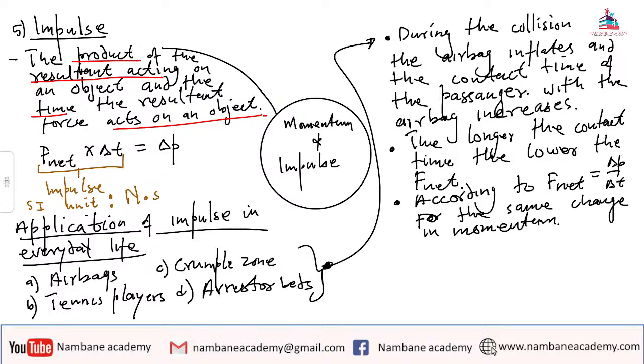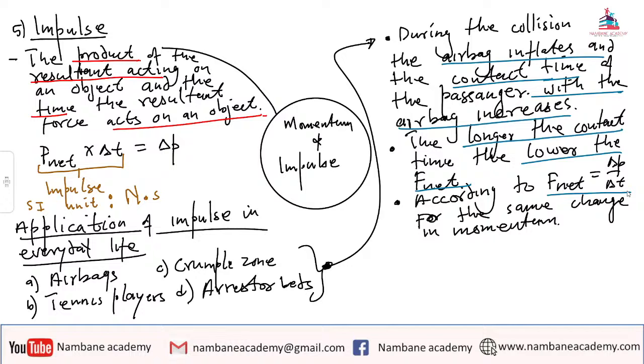The only thing that happened here was that the airbag, when it inflates, increases the contact time. And when the contact time has increased, it has lowered the Fnet, according to Fnet equals change in P over change in T.